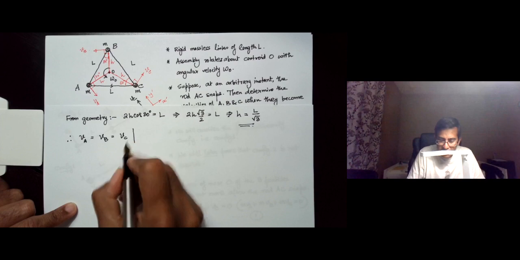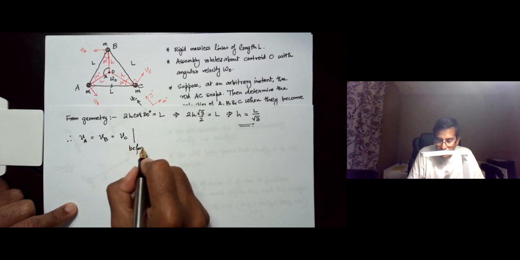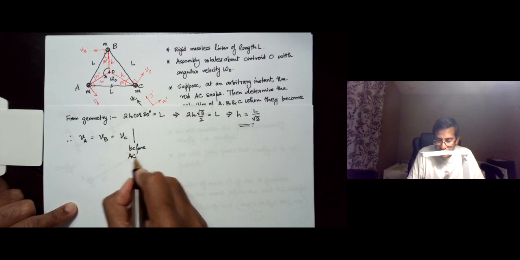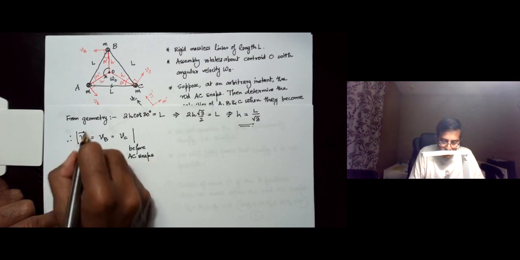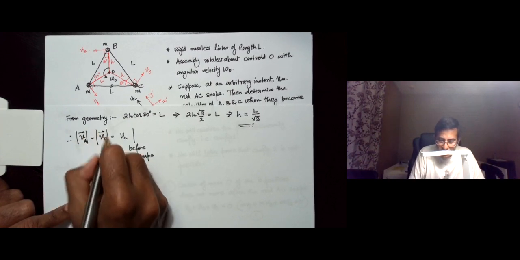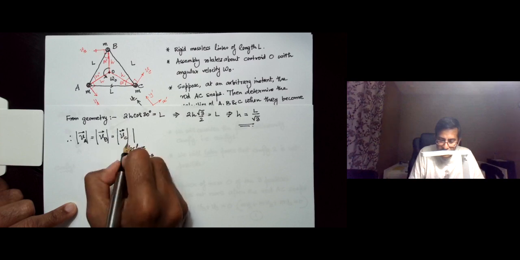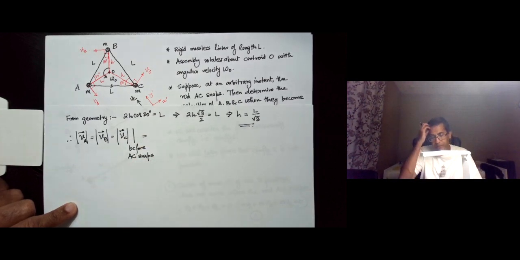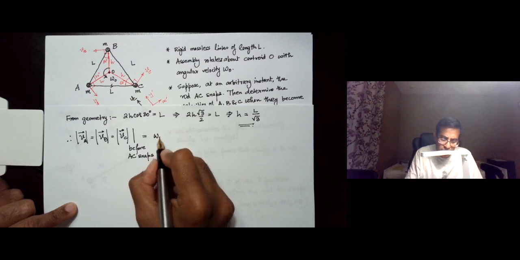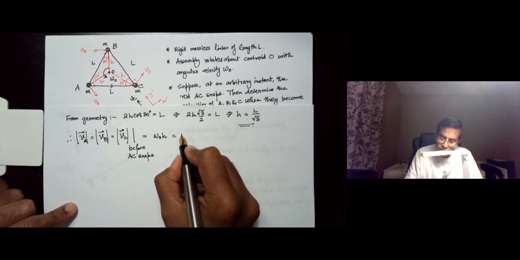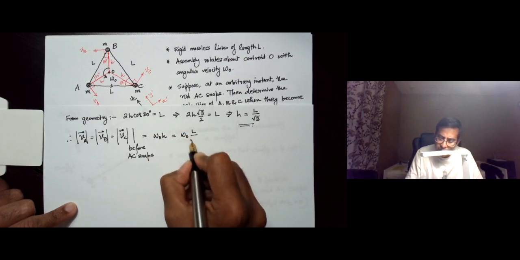This is before AC snaps, and I should put magnitudes here because they are in different directions, but the magnitudes of them are all the same. They are omega naught times h, which is omega naught times L divided by square root 3.